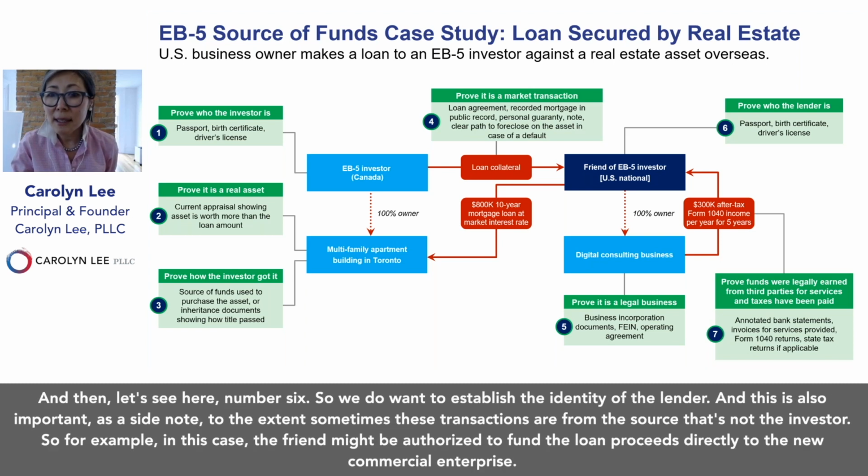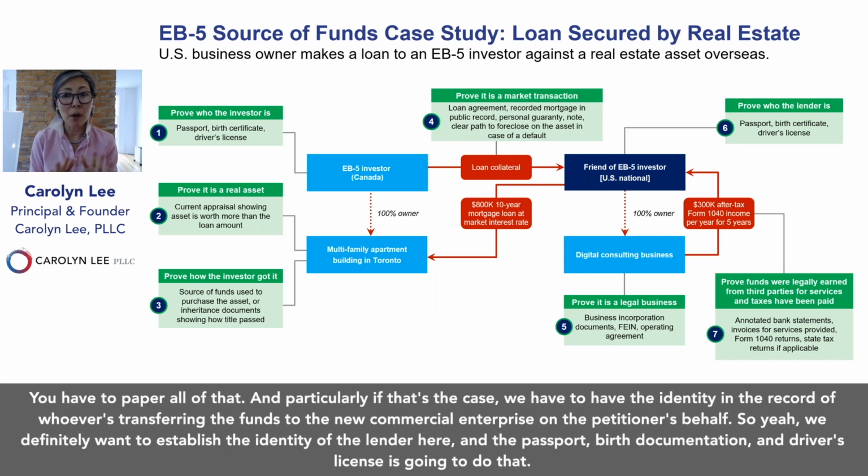And then let's see here, number 6. Right, so we do want to establish the identity of the lender. And this is also important, as a side note, to the extent sometimes these transactions are from a source that's not the investor. For example, in this case, the friend might be authorized to fund the loan proceeds directly to the new commercial enterprise.